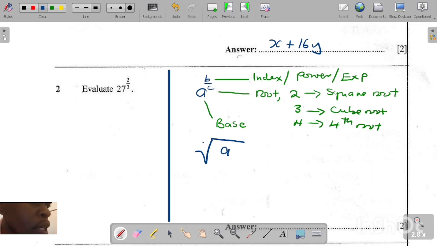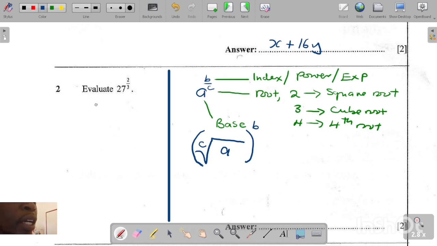So if you have a 2 here, it is the square root; if you have a 3 here, it means you are being asked to find the cube root; if you have a 4, and so on. And everything is being raised to the power b. So this and this are just the same.